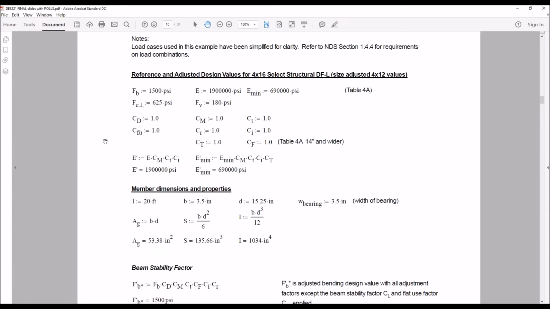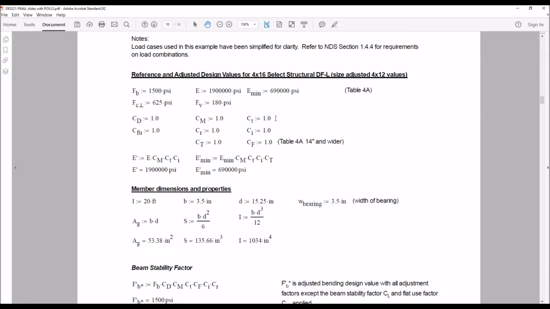For this specific beam, the member is not loaded along the wide face, so the flat use factor would not apply. So we simply set that equal to 1. Everything else in the problem statement leads us to conclude that our moisture content would not be above 19%. So our C sub M, our wet service factor, is equal to 1.